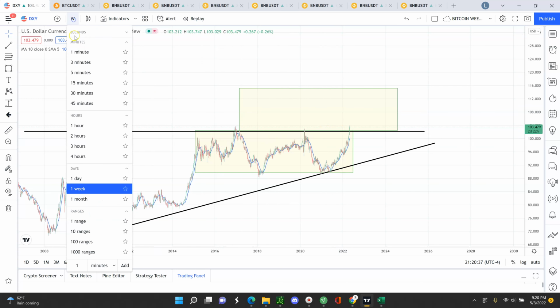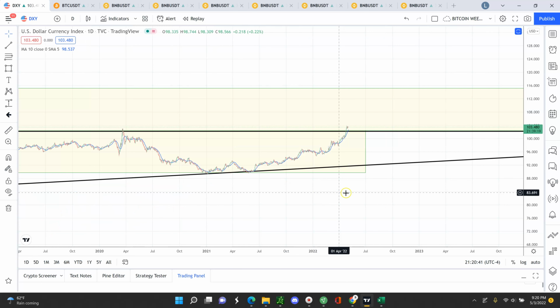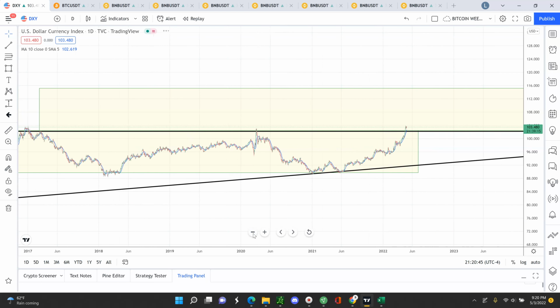But let's take a look at the daily chart. Daily chart is looking pretty similar to that weekly chart. We got that nice rounded bottom situation here. It could come back and retest this low 100s area. That's something to look out for.